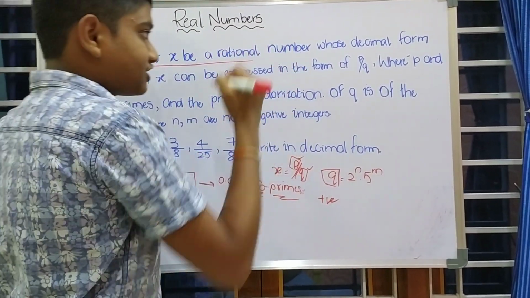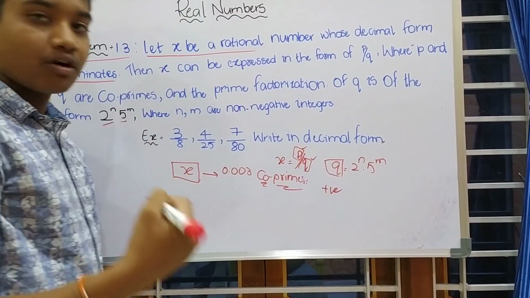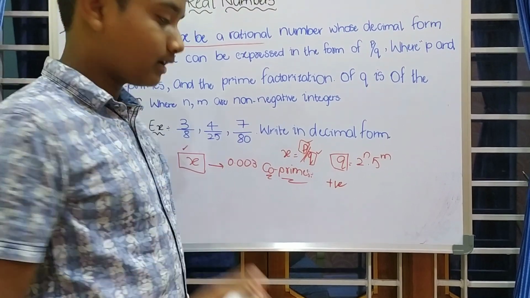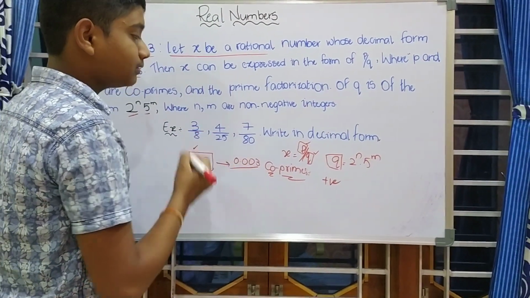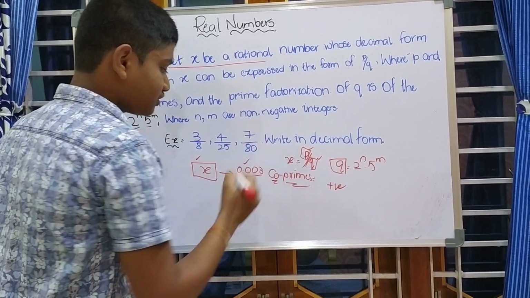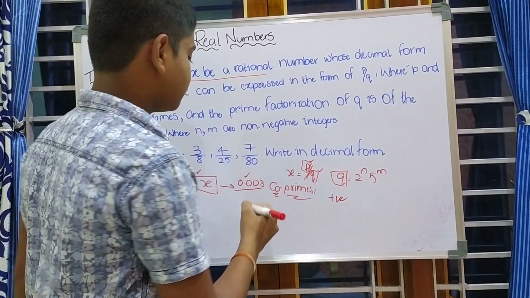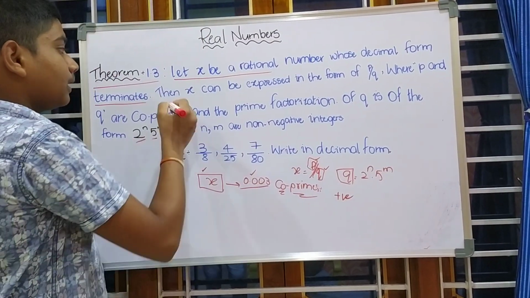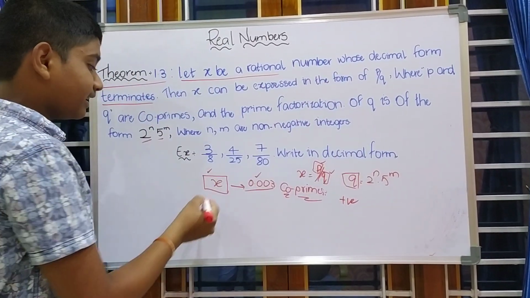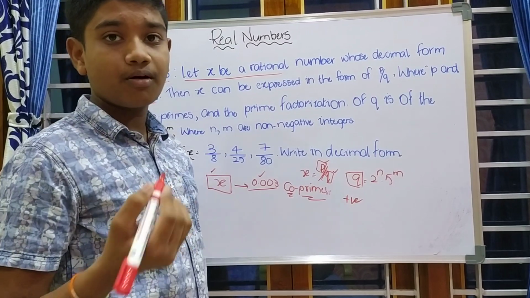x is a rational number whose decimal form terminates. It is not that x is in this form; I just took an example of terminating decimals. Then x can be expressed in the form of p by q. We know that rational numbers can be expressed in the form of p by q.